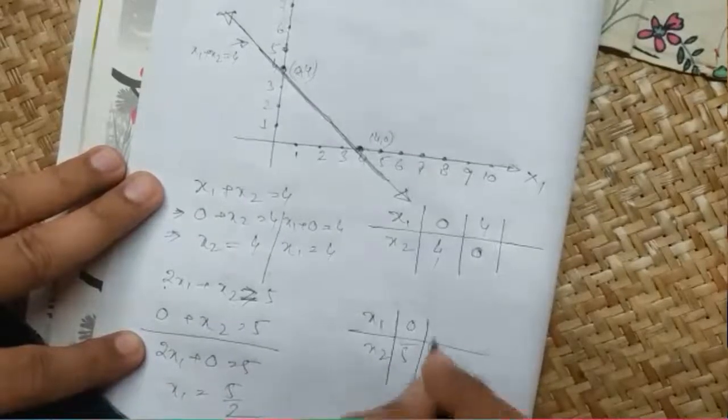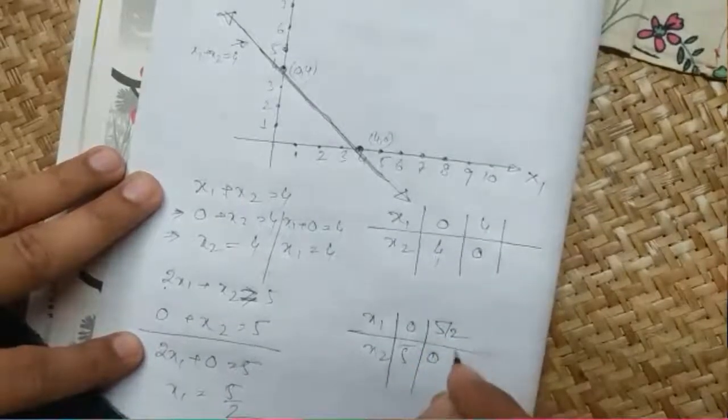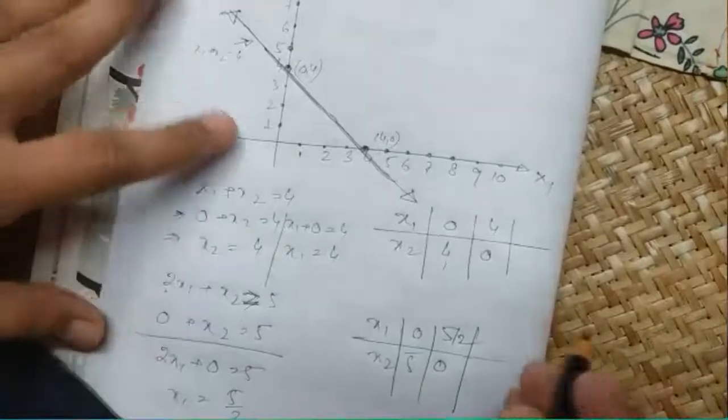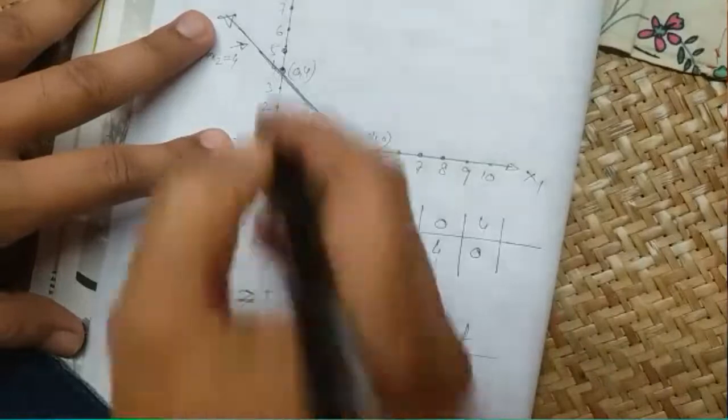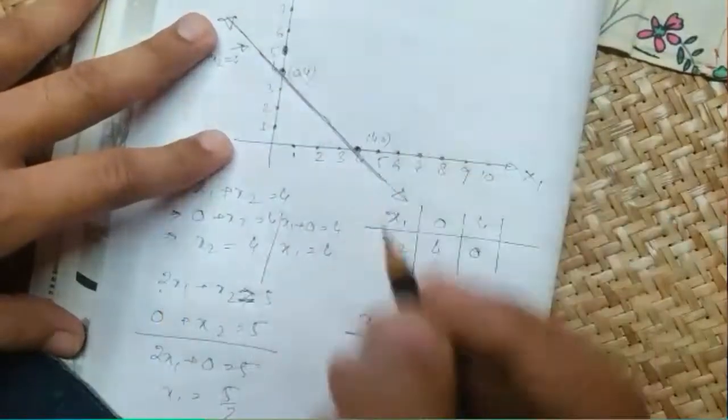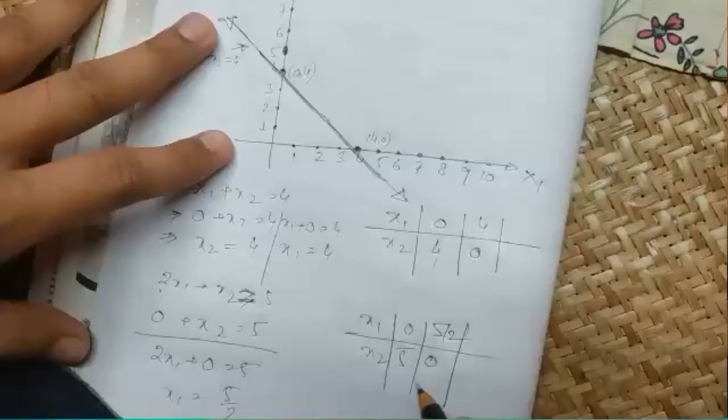So these are the 2 points. The first point is 0, 5, which is here, and the second point is 5 by 2, 0. It is along here.